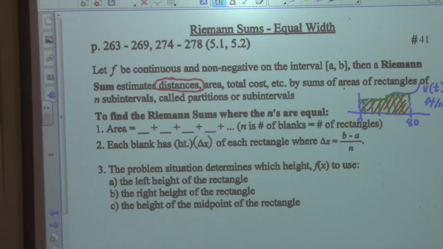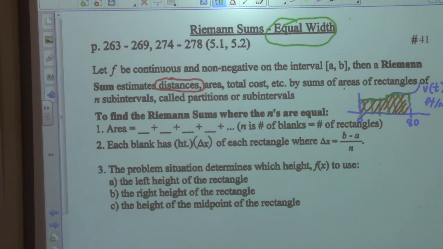So what I did is 1, 2, 3, 4, 5, 6, 7. I subdivided this into 7 areas with these rectangles, and by figuring out what the width is, in this case we have equal width. I know I drew 7 rectangles here, but let's just say for argument's sake I drew 8. Then I would have 8 rectangles whose common width is 10.